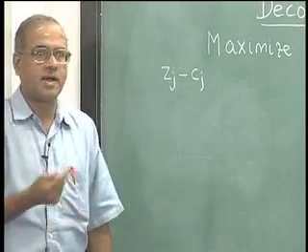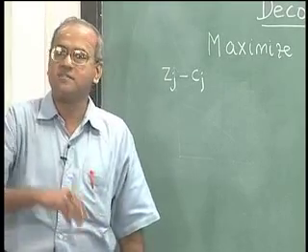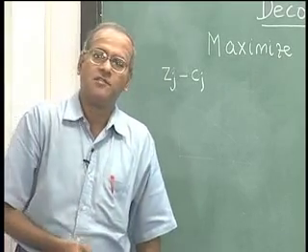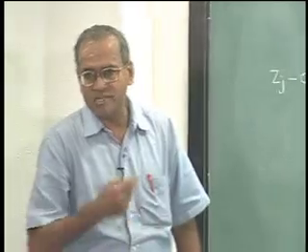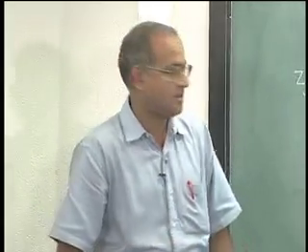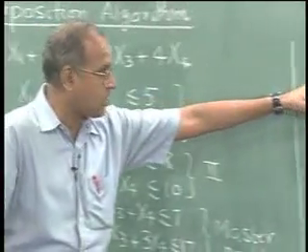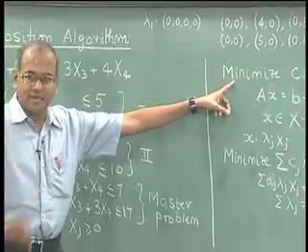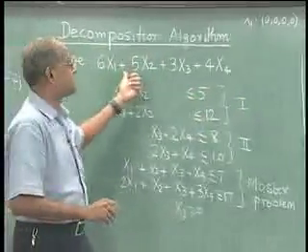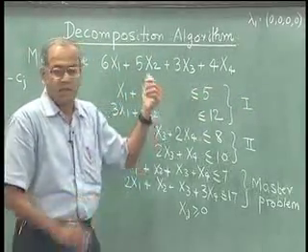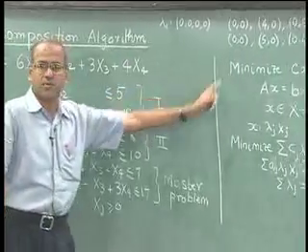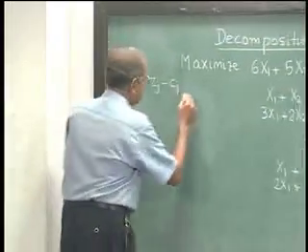We have seen that for a maximization problem, a positive Cj minus Zj will enter. For a minimization problem, a positive Zj minus Cj will enter. Please remember, we have defined this problem as a minimization problem. It is only incidental that our numerical illustration is a maximization. But if the problem is a minimization problem, then a positive Zj minus Cj will enter.